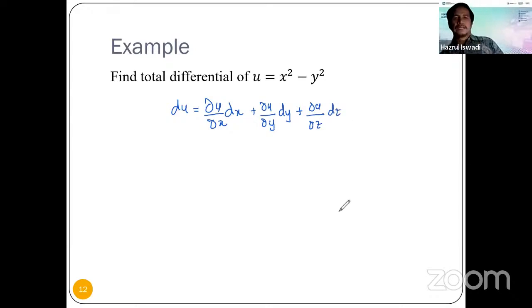This is the formula of total differential of u.